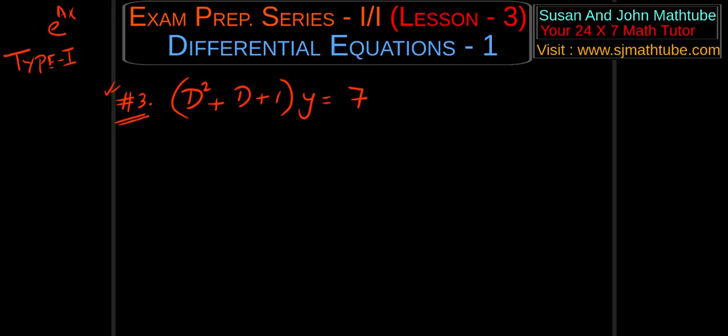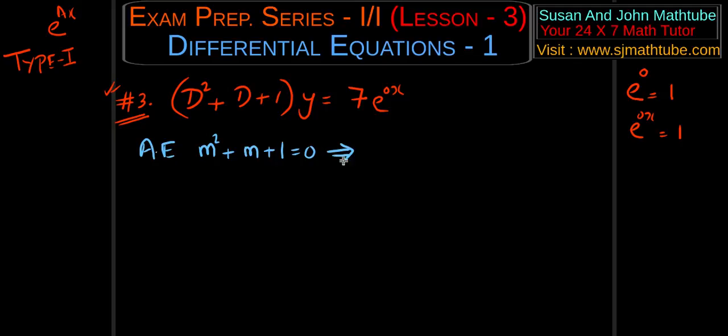In such cases, what we do is we use a trick. E to the power 0 is 1. So e to the power 0x is equal to 1. So I'm going to write 7 into e to the power 0x. Now let's start. So what's the first thing to do? Auxiliary equation. m square plus m plus 1 equal to 0.